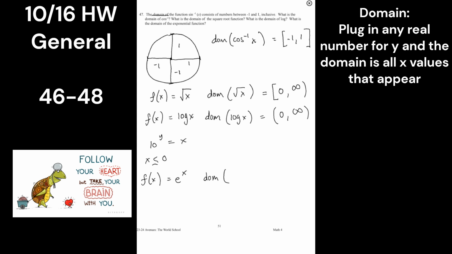You'll get an answer. I'm trying to think if there's any y value that cannot be achieved. Oh, 0. Yeah. Same thing with the log, I guess. I'm just gonna check on Desmos real quick, graphically.